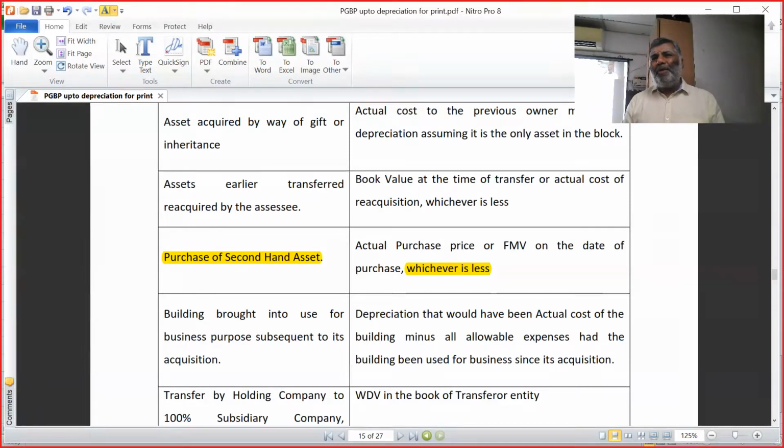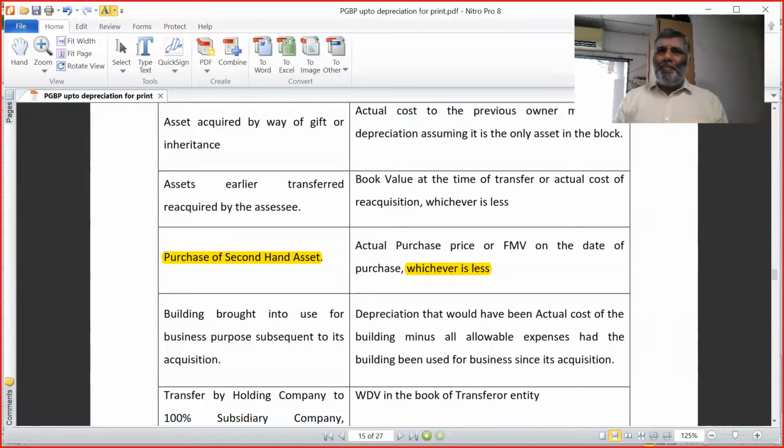You will wonder why this provision at all. Imagine a circumstance where an asset is used by the holding company for 3-4 years. So they would have claimed maximum depreciation. Now they are transferring to the subsidiary company. Subsidiary company is purchasing a second-hand asset.